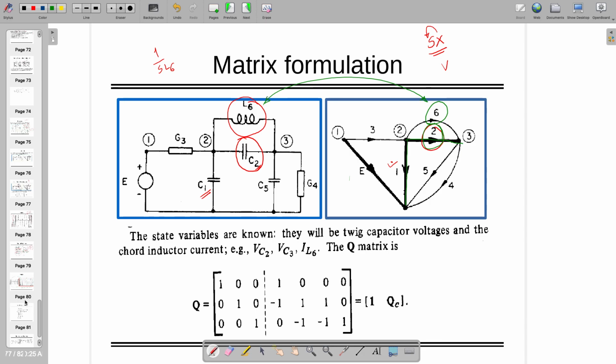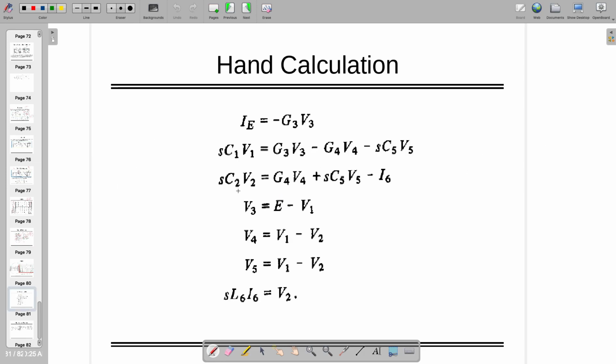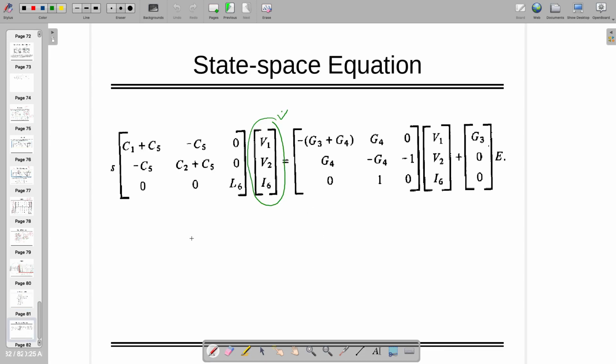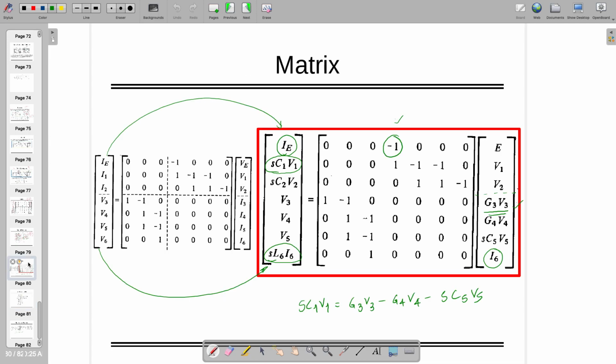This is what we are doing, and when you just modify the equations, you will get this thing from here, which is exactly as... right. So this was just about the state space formulation, but I am going to revisit this afterwards.